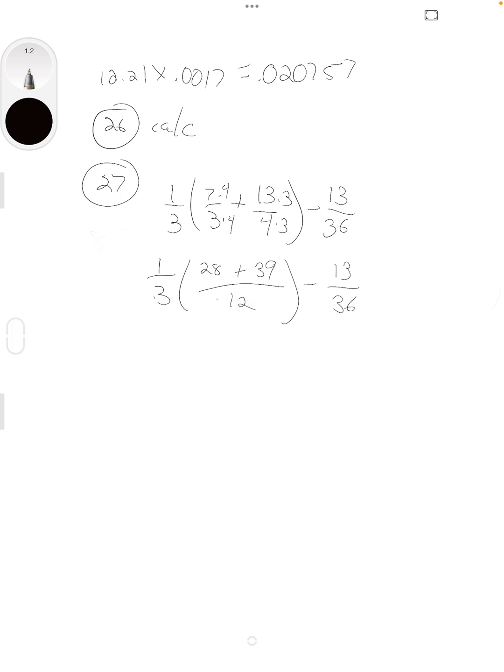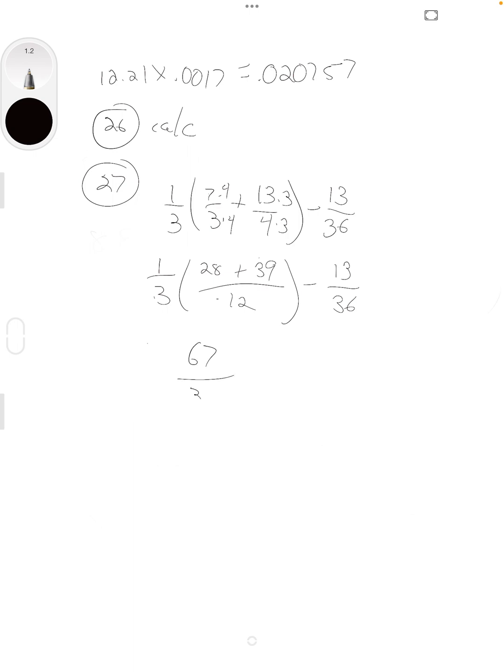Okay, what is 28 plus 39? At this point, this is where I really start to use a calculator, because my brain is usually about done with quick math at this point. So I have to just make 67.